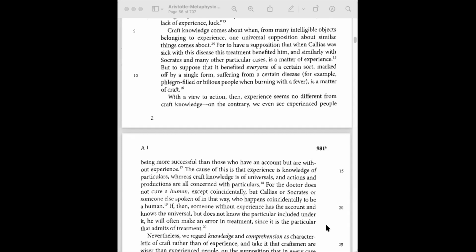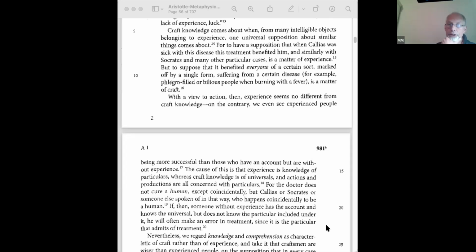For the doctor does not cure a human except coincidentally, but Callias or Socrates or someone else spoken of in that way who happens coincidentally to be a human. If then someone without experience has the account and knows the universal, but does not know the particular included under it, he will often make an error in treatment, since it is the particular that admits of treatment.